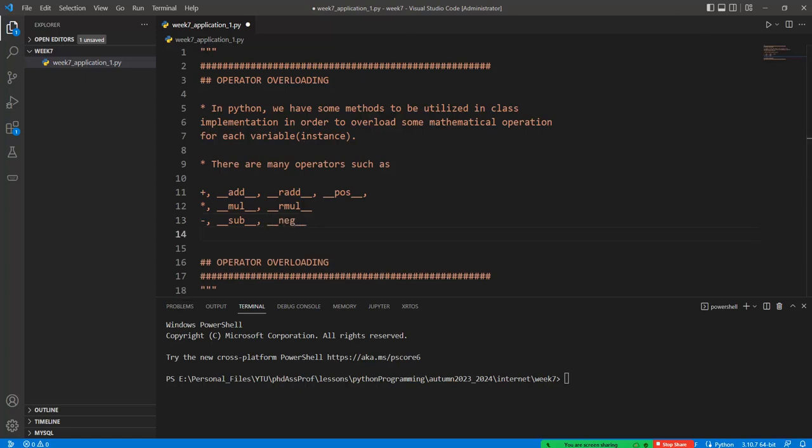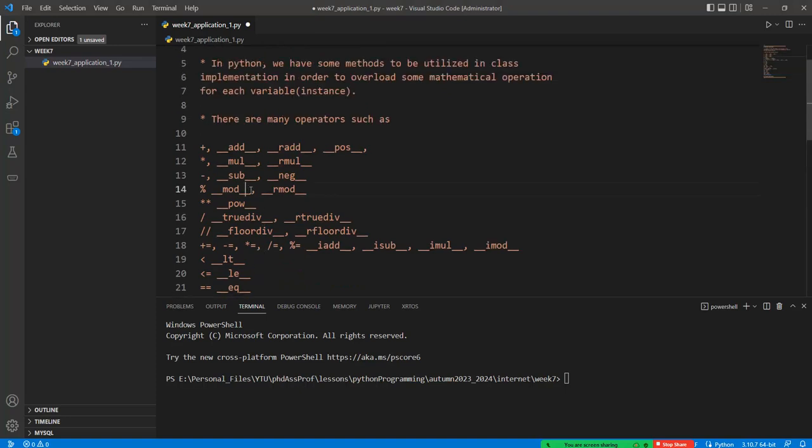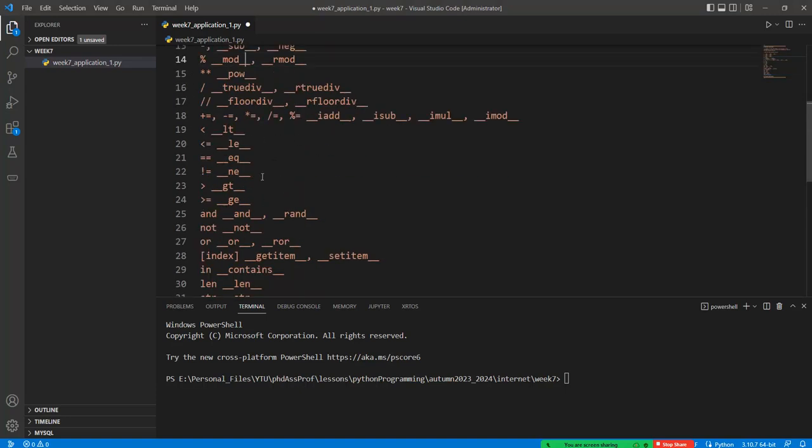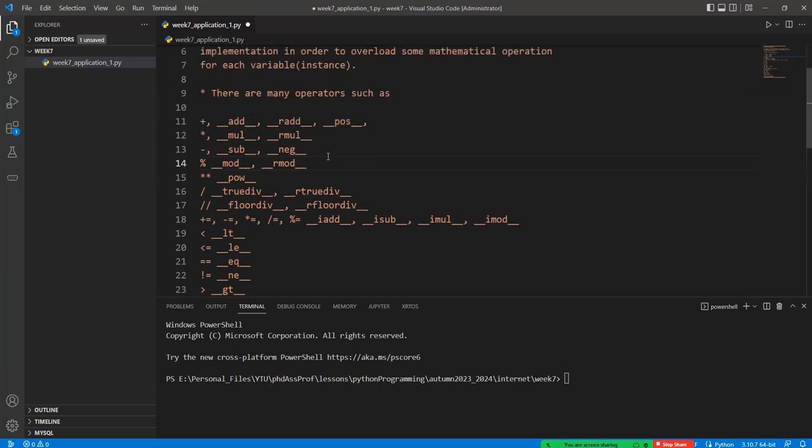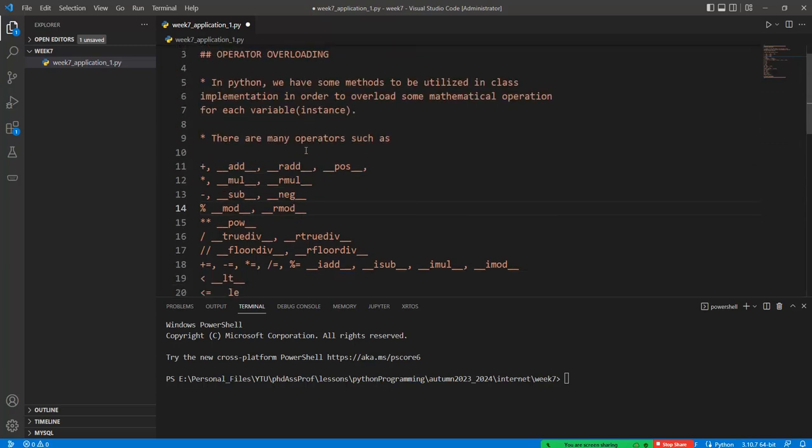And this is the whole operation related to what I copied of the whole code in here. This is overloaded for each instance or variable of a specific class. Okay, and so if I have this code in my class implementation, then I can add any two instances to one another.